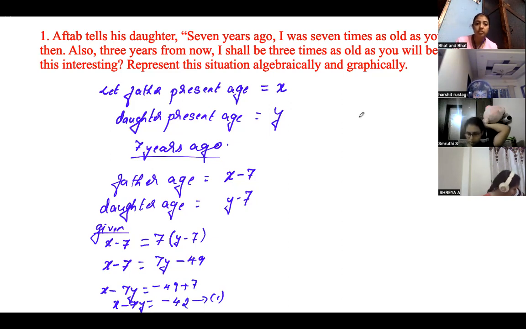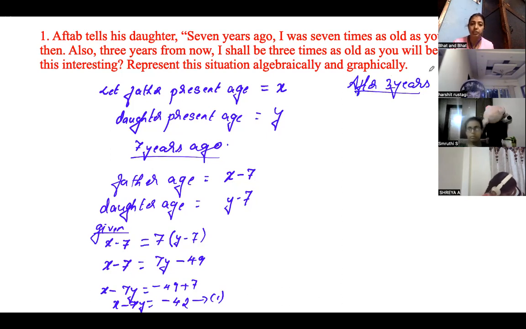Then there is one more condition given here. Also, 3 years from now. So let us take after 3 years. So after 3 years, what will happen? I shall be 3 times as old as you will be. Now, what age should we take? We have to take X, the present age.